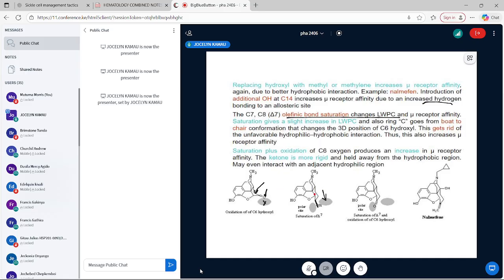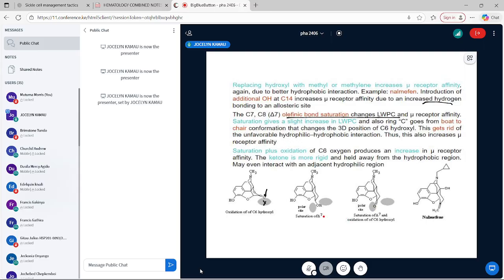And that is why we did mention that dihydromorphine has much higher activity compared to morphine, because that's all we have done there. And by just saturation, although that remains as a hydroxyl group, change of the conformation changes the position of the hydroxyl group, removes the unfavorable hydrophilic, hydrophobic interactions, and gives us better activity.